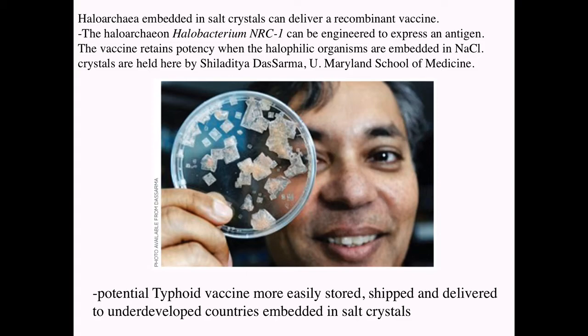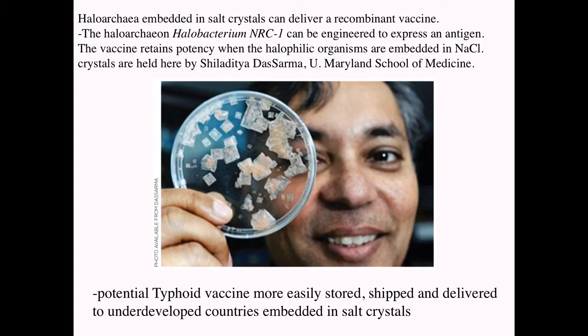There is a very effective vaccine, but sometimes it's difficult to deliver to certain areas. Transport can be difficult, storage can be difficult, and refrigeration and freezing, consistently being able to get these into some pretty remote areas, is pretty difficult. So this guy has come up with a way to put this vaccine inside of a halophilic archaea and have them express it.